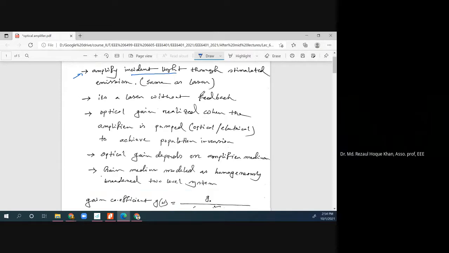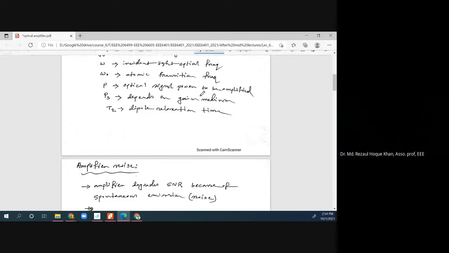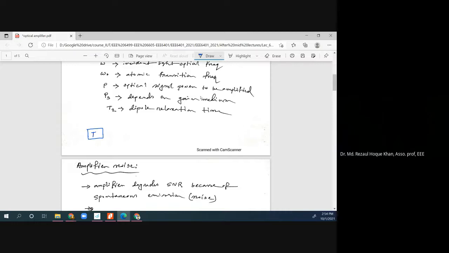If I draw a schematic of the optical amplifier, how it is placed, for example, this is our laser, the optical transmitter. Then in the transmitter we can have a modulator.